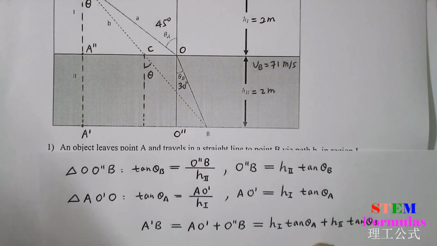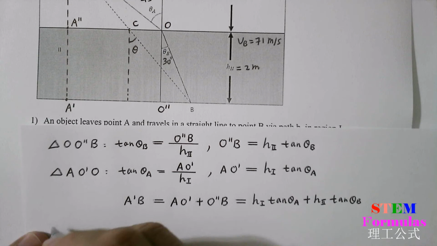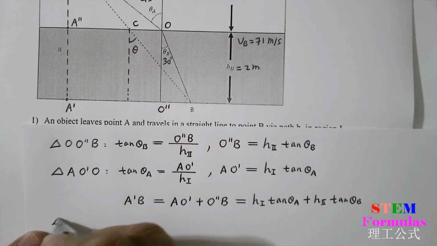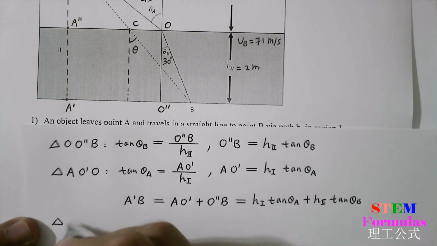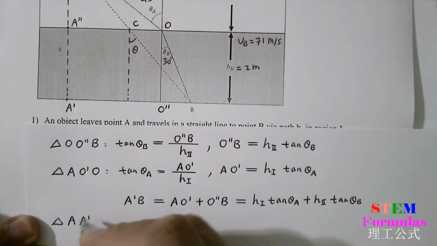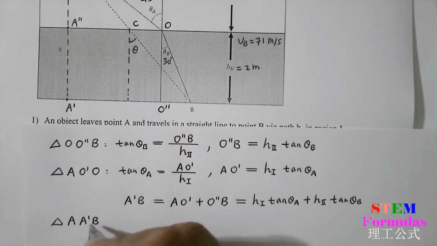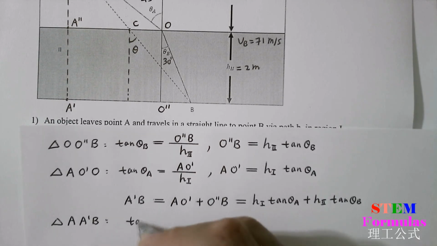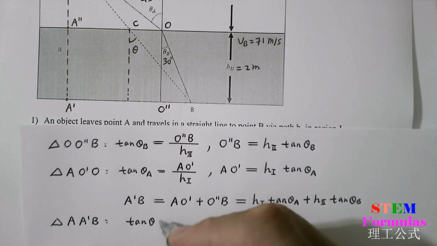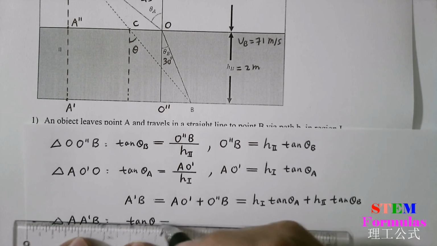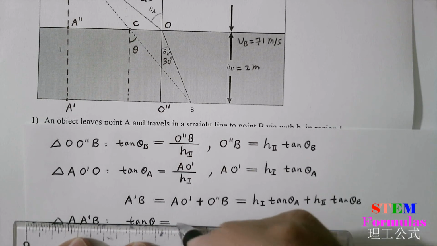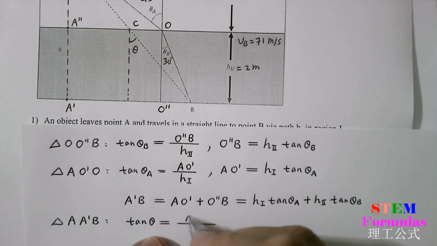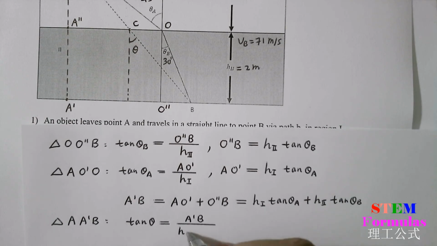So consider triangle A prime B. Tangent theta equal A prime B divided by H1 plus H2.